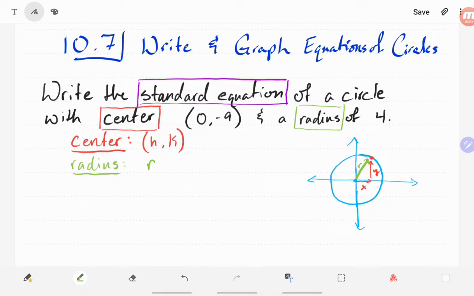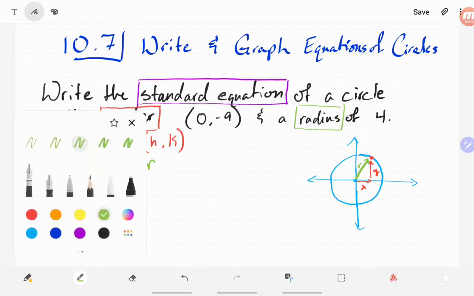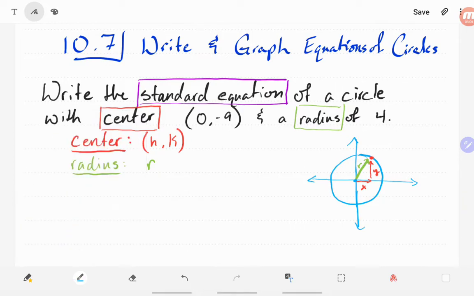I could find the radius of this circle by using the Pythagorean theorem. I could say, well, x squared plus y squared is equal to r squared. This is the equation of a circle. X squared plus y squared equals r squared.